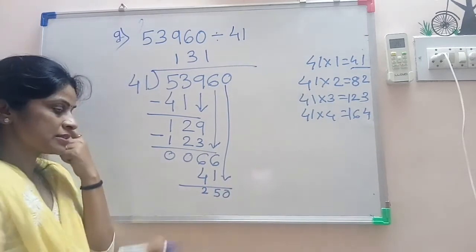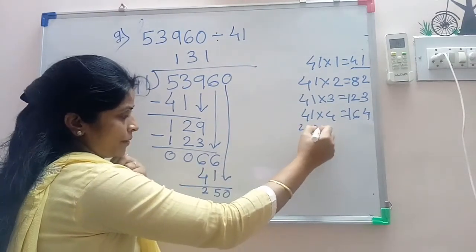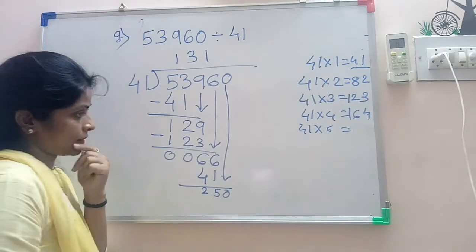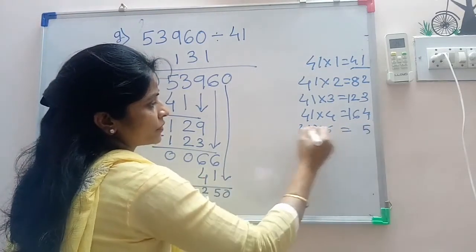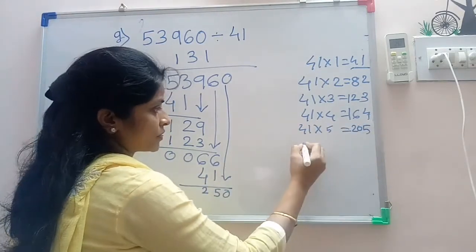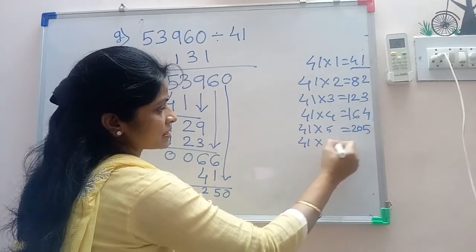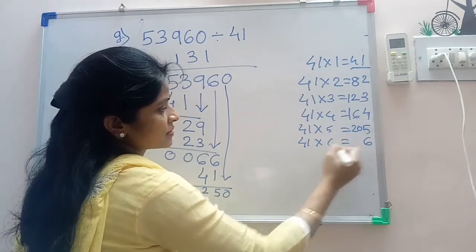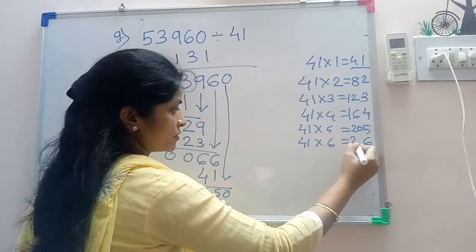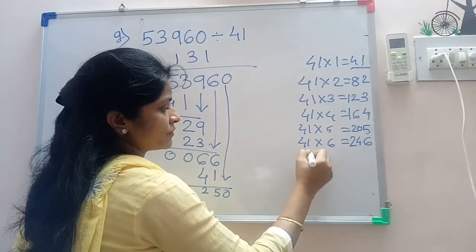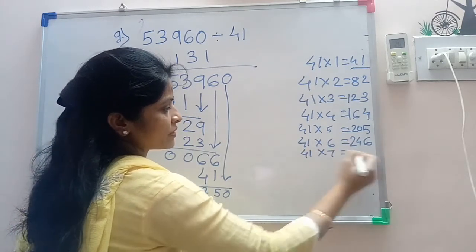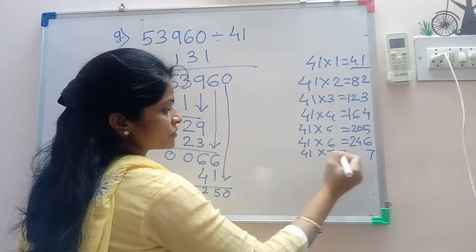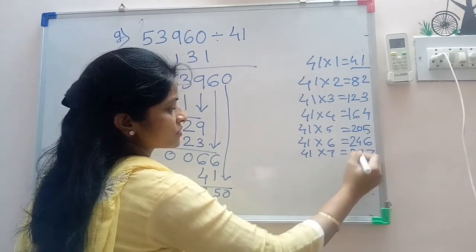Now we have to see this in the table of 41. 41 5s are 205. Now 41 6s are 246. Now 41 7s are 287.